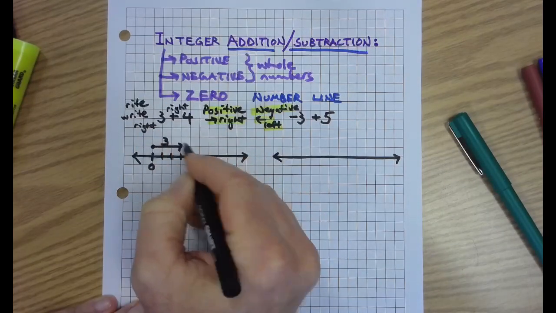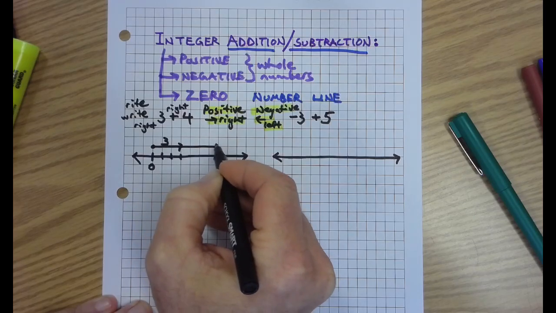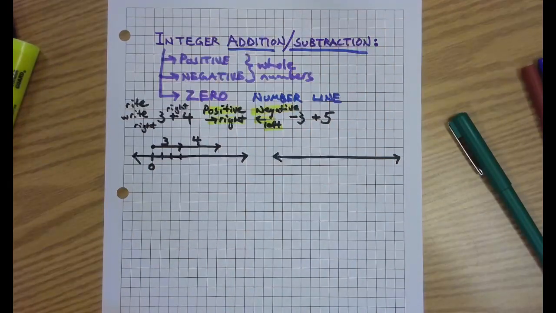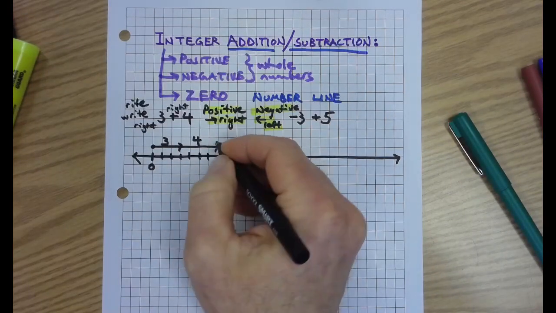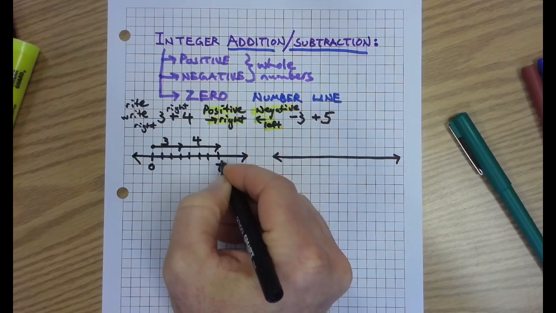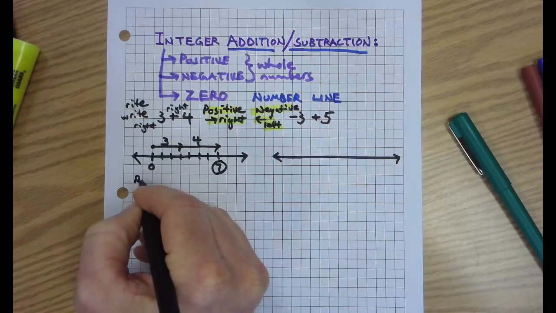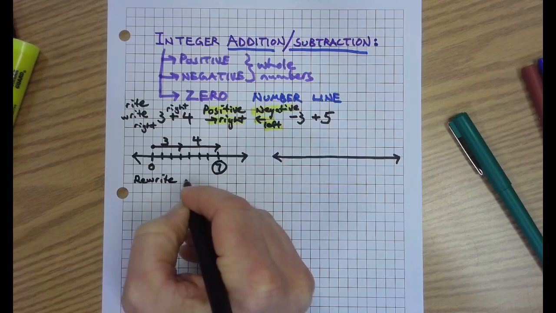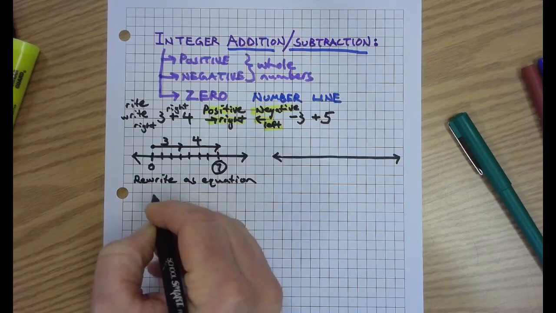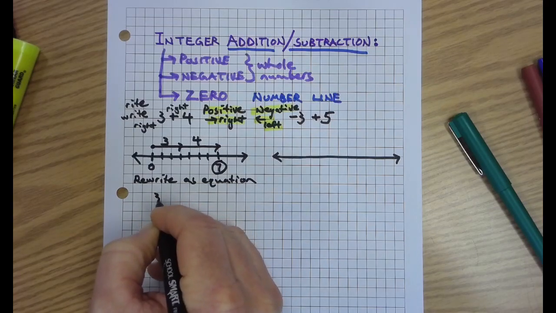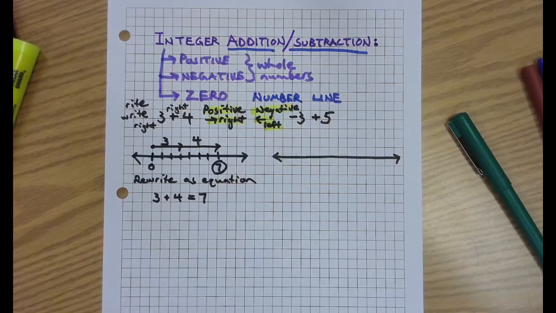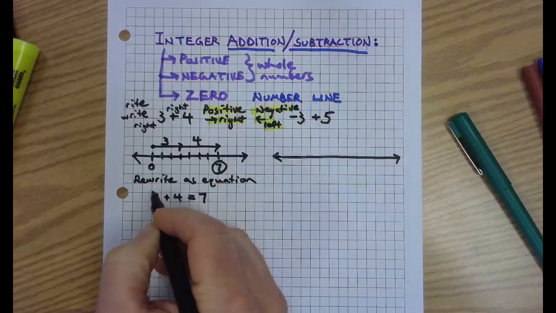So from that first movement, 1, 2, 3, 4. I know you already knew it was 7, but we're training you on using a number line. And we land on 7. And if you're supposed to rewrite as an equation, you would be thinking right 3, right 4 lands on 7. There we go.